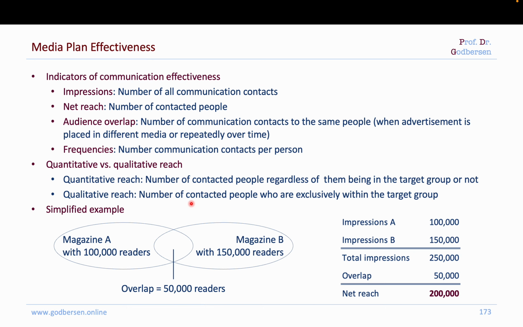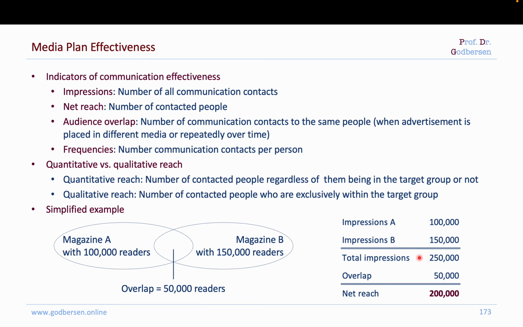Simplified example here. Let's assume we're having an advertisement out in Magazine A and Magazine B. Magazine A has 100,000 readers and Magazine B has 150,000 readers. And 50,000 readers of these are reading A and B. So if we're having an ad out in A and B, we have impressions of 100,000 plus 150,000 equals 250,000.